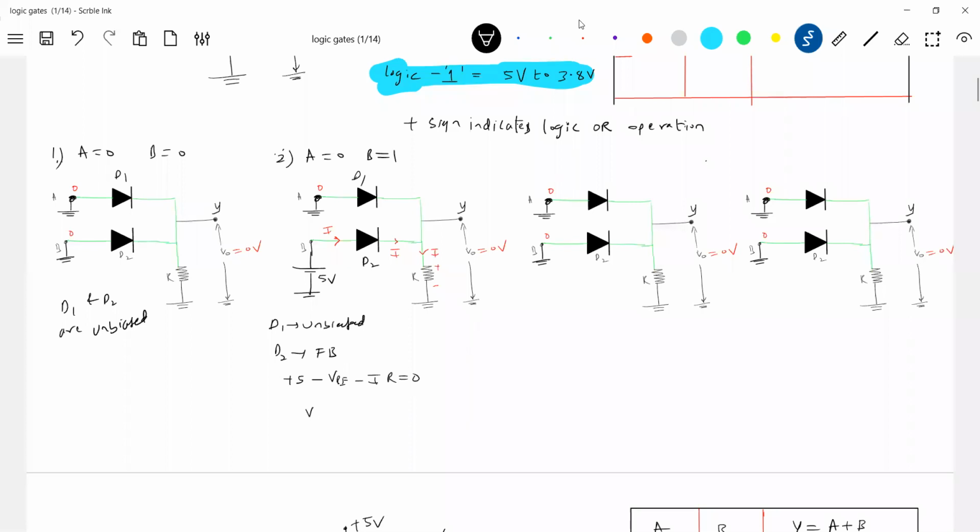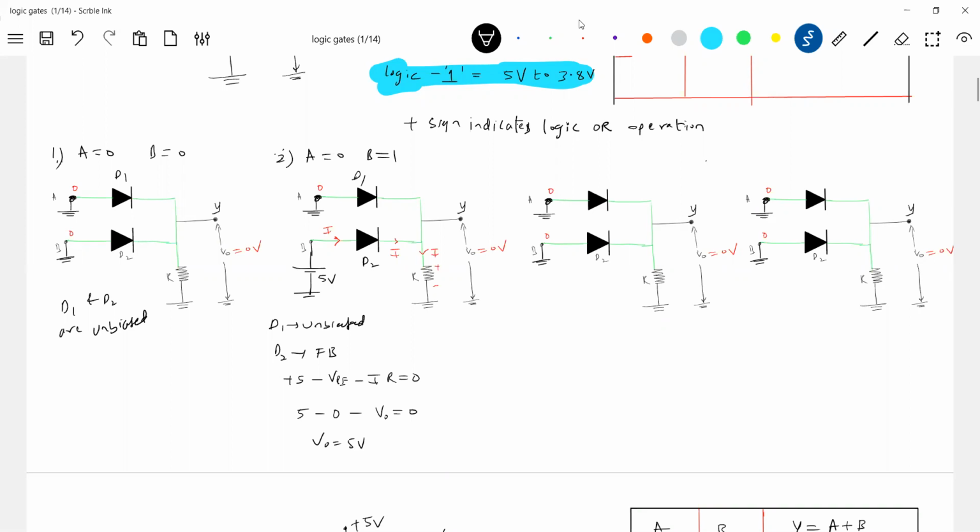If I assume VBE 0, let's take the ideal case. So how much is IR? In place of IR, let's substitute all the values. IR is nothing but V naught, no? So what is V naught? 5 volt. V naught 5 volt is nothing but the value of Y.